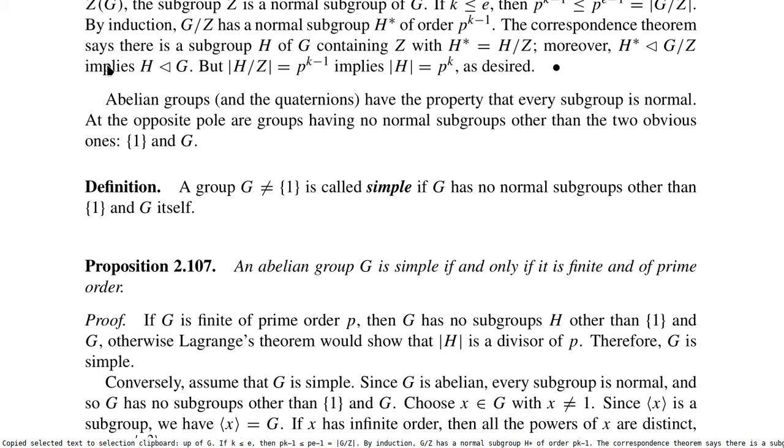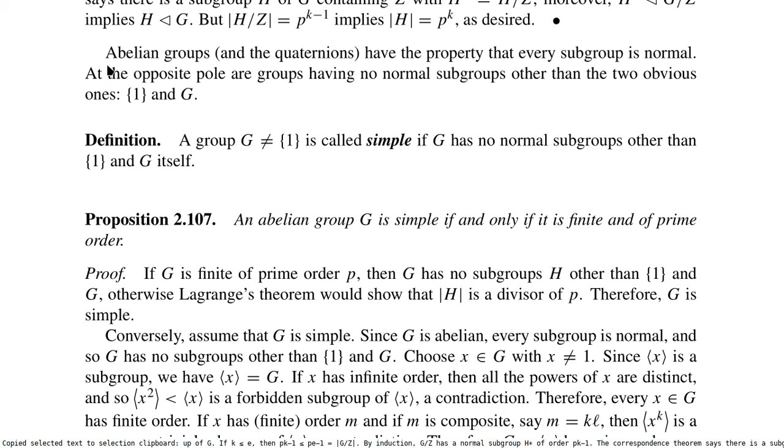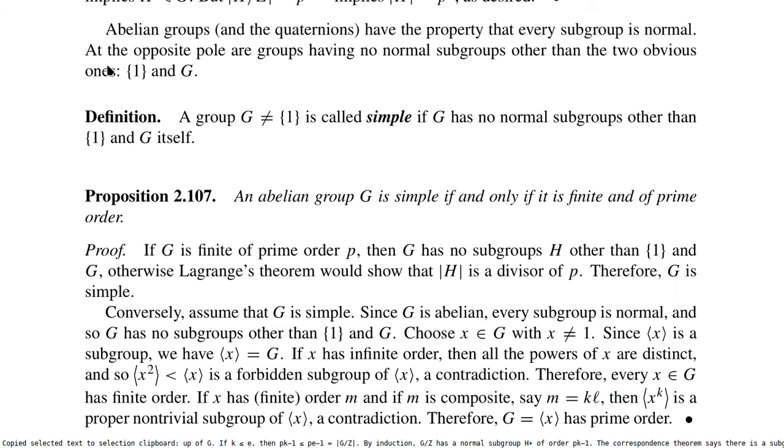So proposition 2.107 says that if you have an abelian group, then it will be simple if and only if it is finite and has prime order, right? This makes sense because for the simple condition you need the absence of all normal subgroups, right?